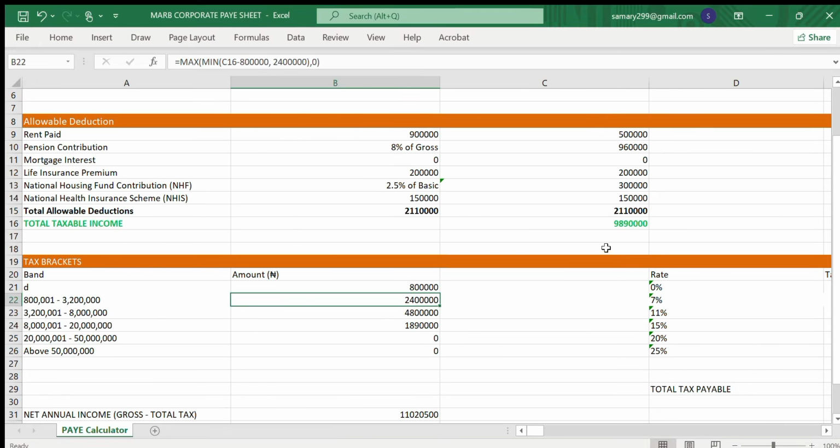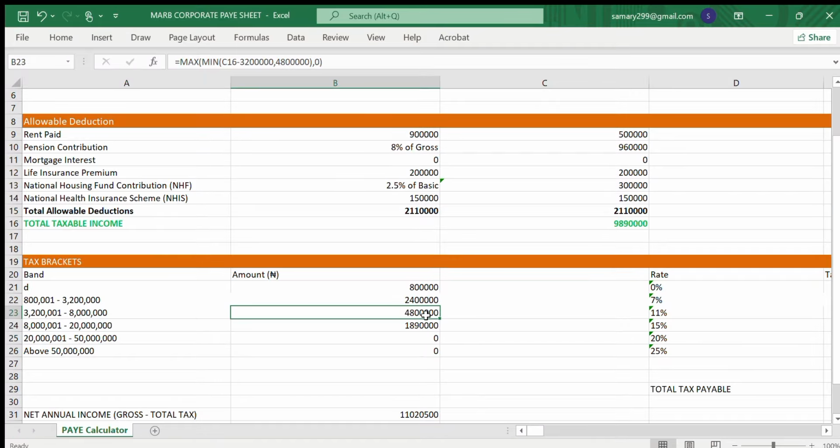Because we still have more balance, all these things you have here, the total you have on this tax tracker, this 800,000 must accumulate to this 9,890,000. So the next is what? From 8 million to 20 million at this tax bracket, right? We have our 4.8 million.